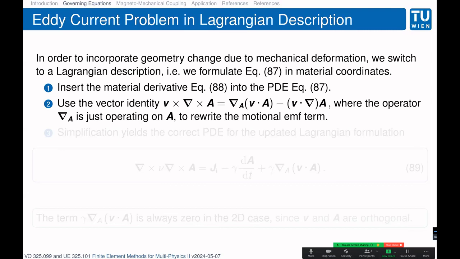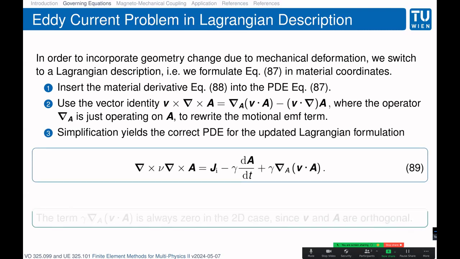So this is another differential operator then working on A. So this is basically just a rewrite using vector identities, and then you obtain this form that you can then use for this updated Lagrangian description.